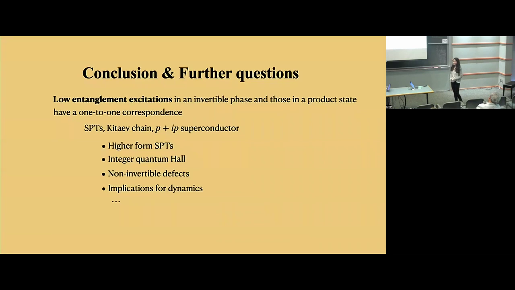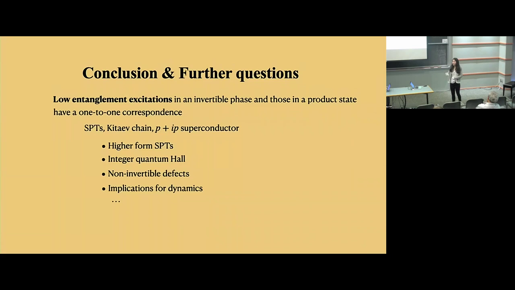Since you apply your idea to the low entanglement excitation in the trivial phase and SPT phase, if you apply this to the non-trivial topological order phase, is there some difficulty or challenge? Can one classify all the low entanglement excitations even in topological order phases?